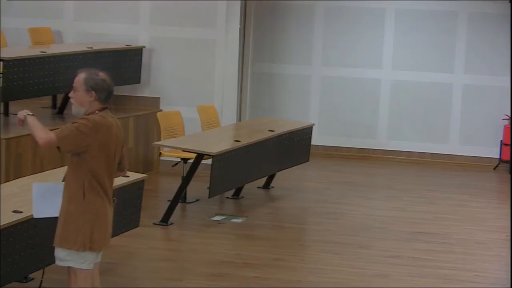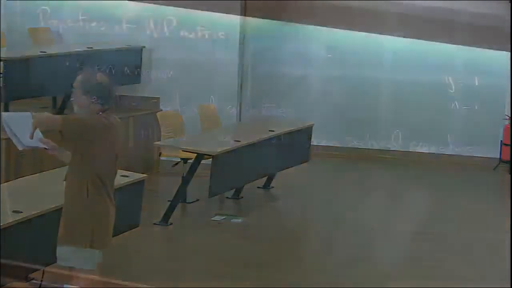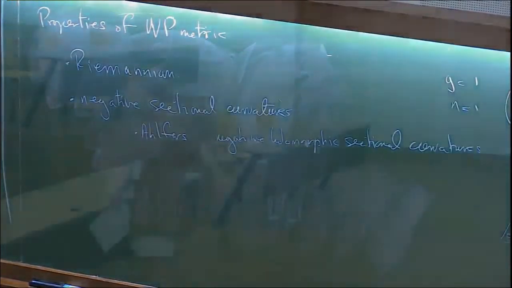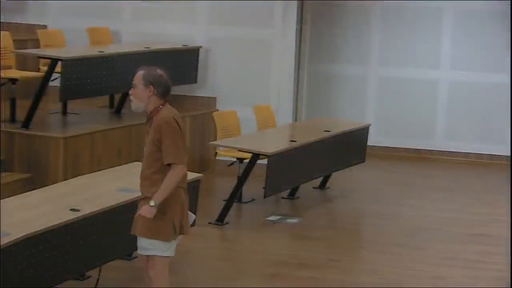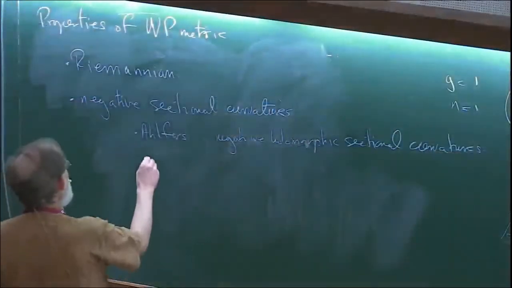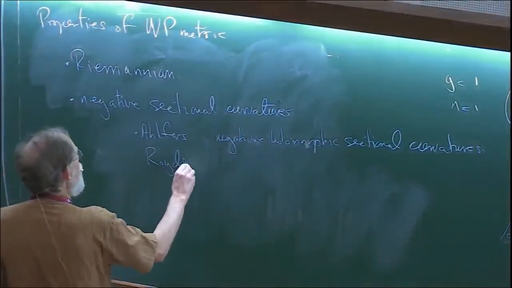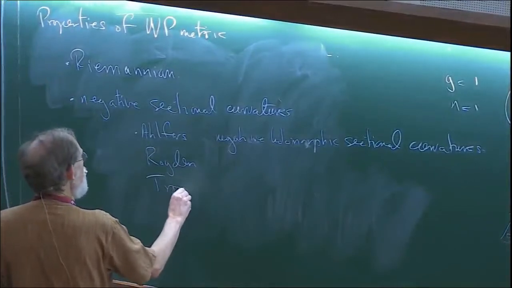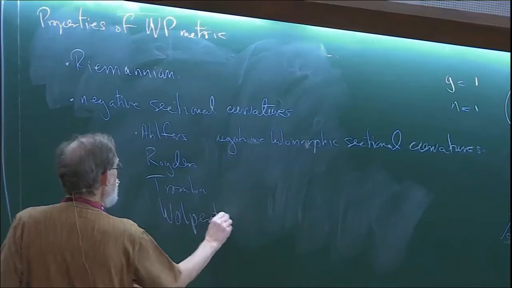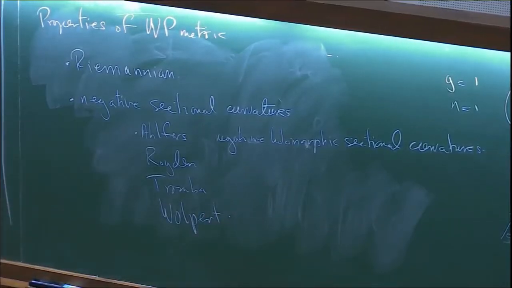There are holomorphic planes, which I think are spanned by V and i times V. For those planes, he worked out the sectional curvature and showed it was negative. And the general result, I think there was work by Royden, Tromba, and Wolpert. So it is known that you have negative sectional curvatures.